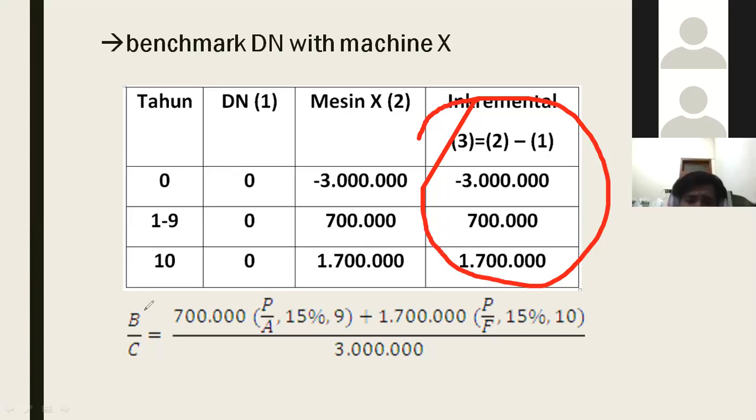Okay, so I have 700, and 700 is repeated evenly along its useful life, so we have a constant number from 1 to 9. So I have 700 (P/A, 50%, 9). If I have a constant number, a uniform series, maybe the best one is using the annuity relationship.